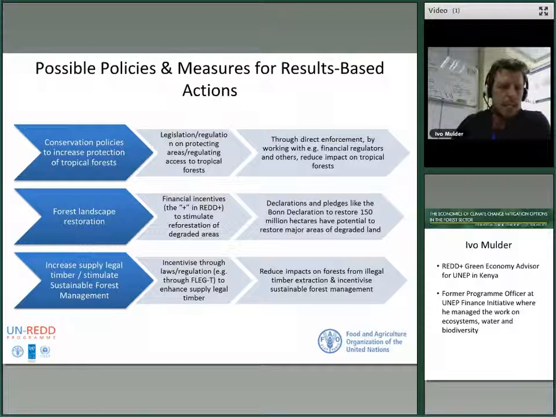And last but not least, the increase of the supply of timber and stimulating sustainable forest management, incentivized through laws and regulations. Think of FLEGT, for example, to enhance the legal supply of timber, can also reduce impacts on forests. In each of these cases, of course, it's crucial to link the potential implementation of a certain policy and measure to the perceived effectiveness of it, and then, of course, to have it tracked at a national level.